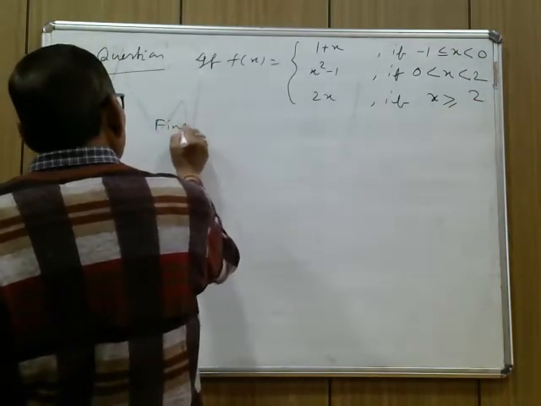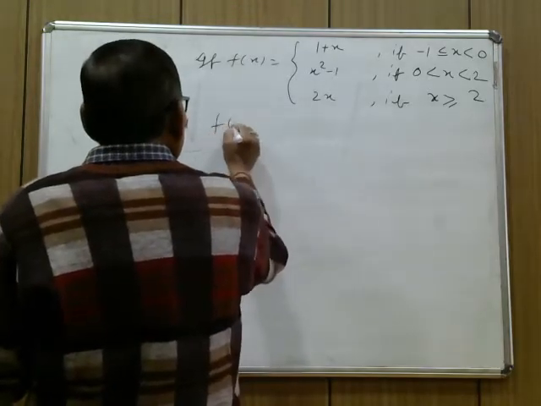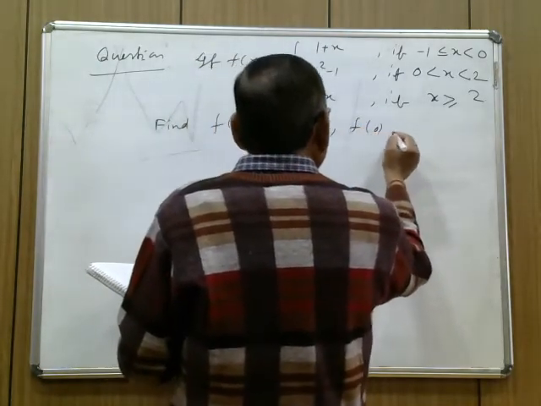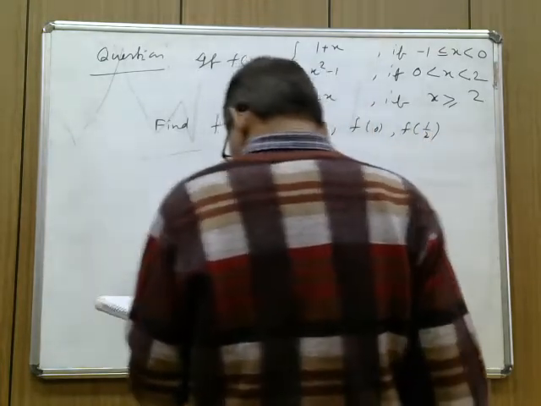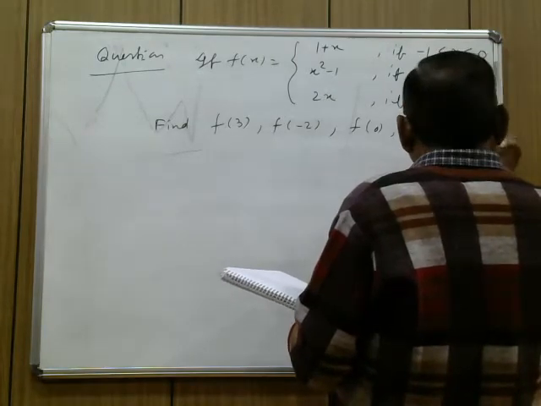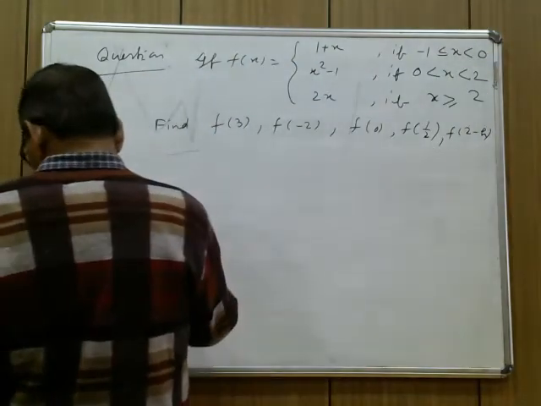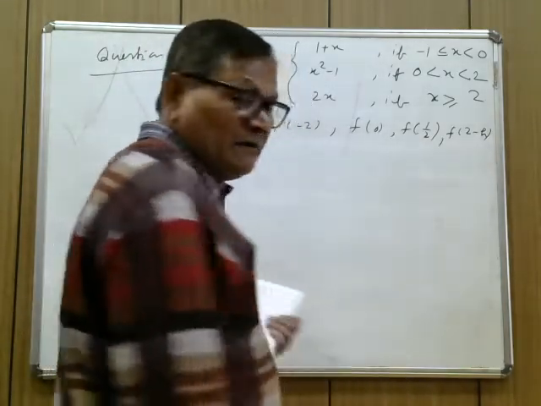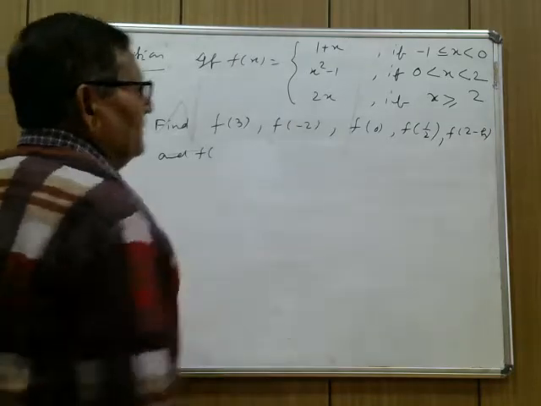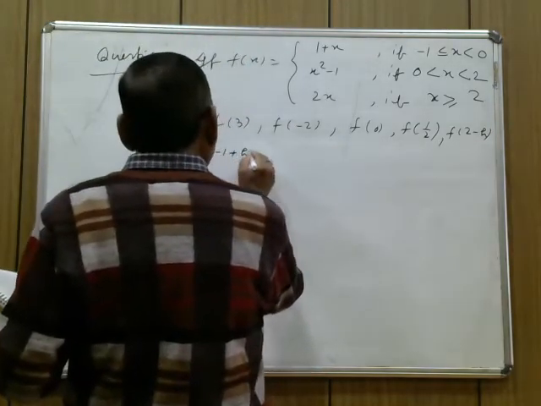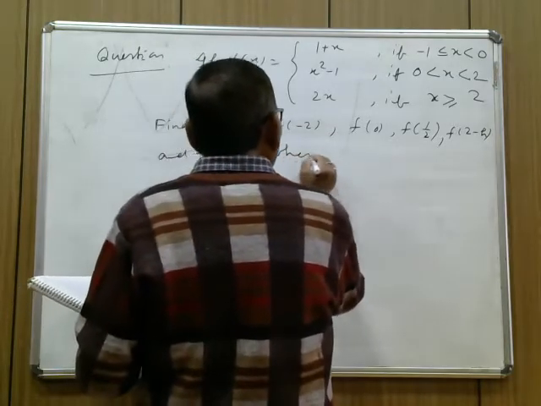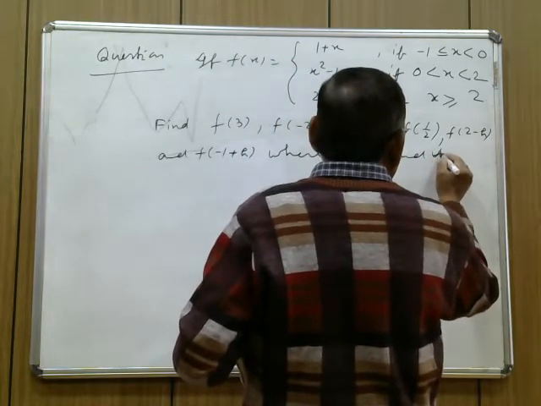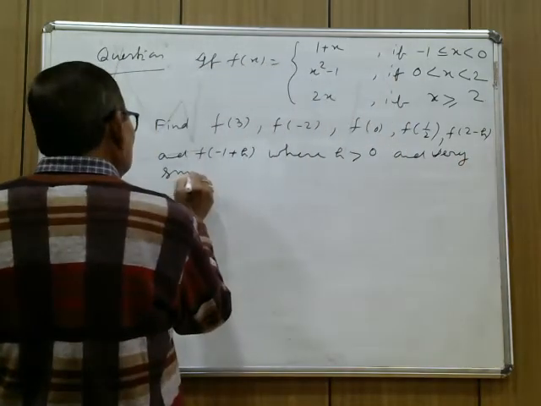Then find f of 3, f of minus 2, f of 0, f of 1 by 2, f of 2 minus h, and f of 1 minus h, f of minus 1 plus h, not 1 minus h, f of minus 1 plus h, where h is greater than 0 and very small. That is the question.